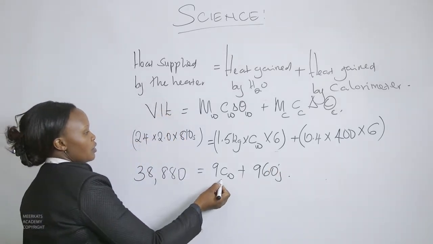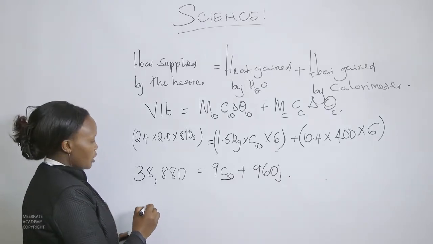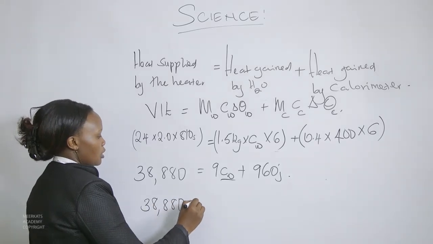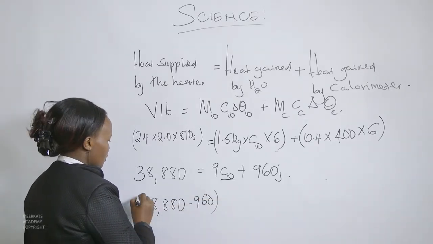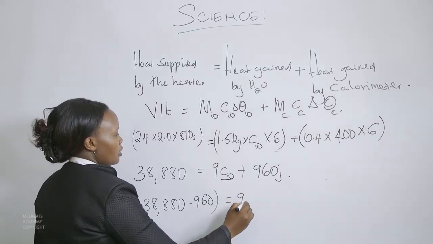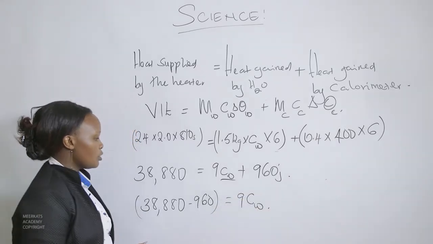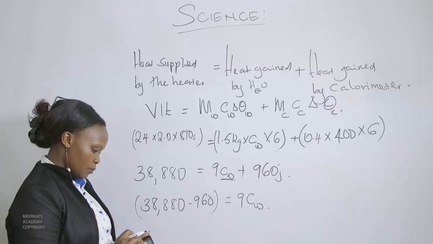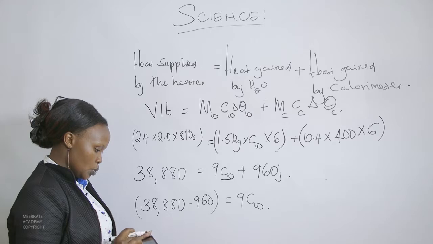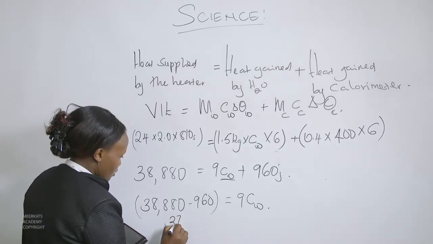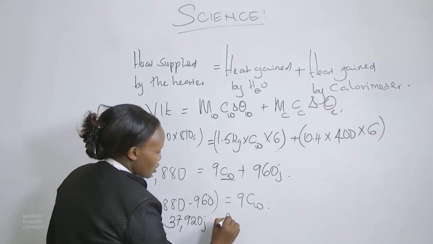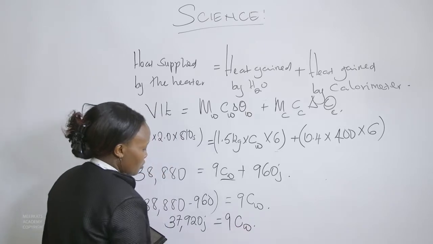But we are still looking for the specific heat capacity, so let us collect the like terms. We subtract 960 from both sides to be left with 9 multiplied by our specific heat capacity of water, and that is 7,920 joules, equal to 9 times specific heat capacity.